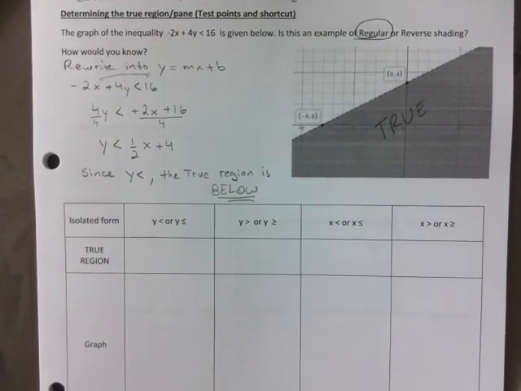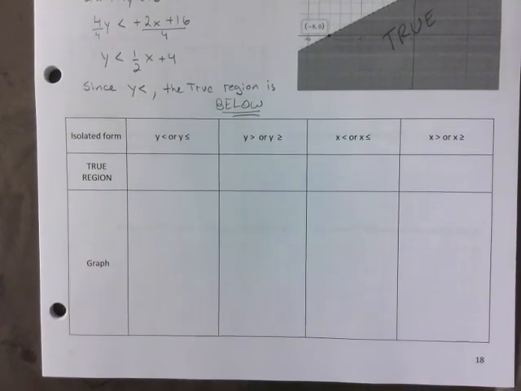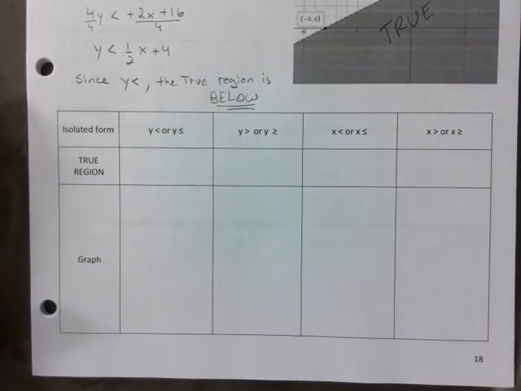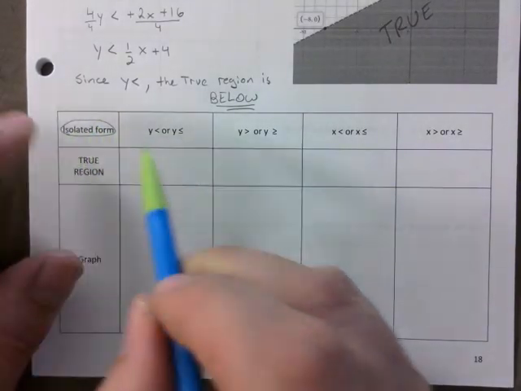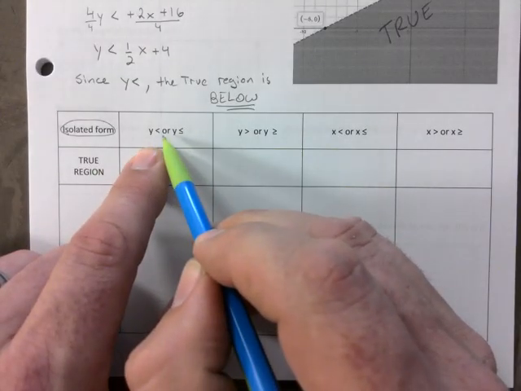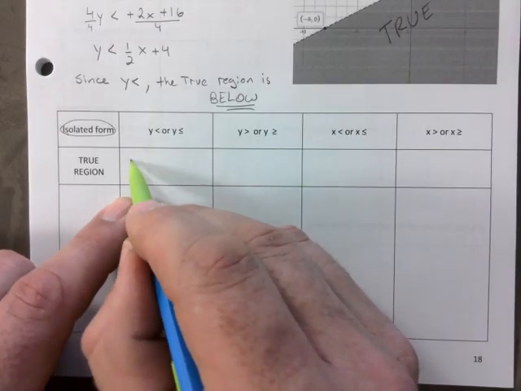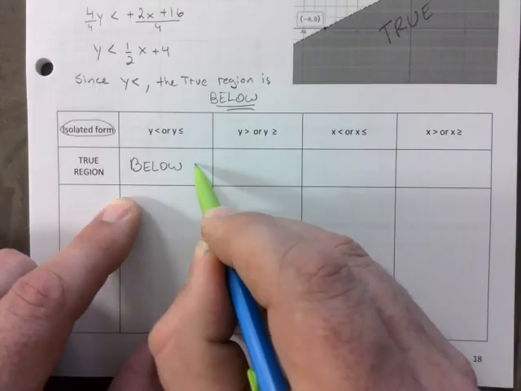So this is the shortcut here for you. If you have the isolated form, if you isolate it and you have y is less than or equal to, the true region is below. And this is what I do.